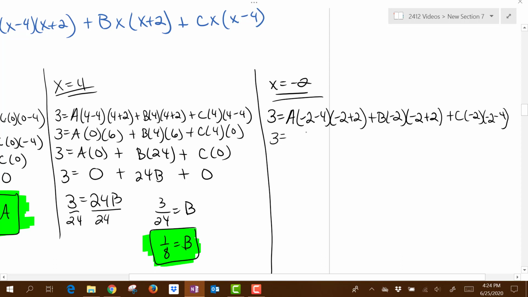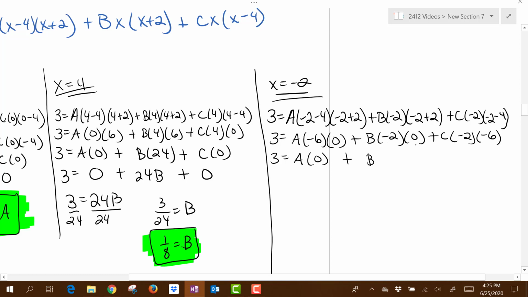Alright, I'm going to start to simplify what's inside of the parentheses. Alright, so I combined those values inside, and I'm going to just do the multiplication. -6 times 0 is 0.